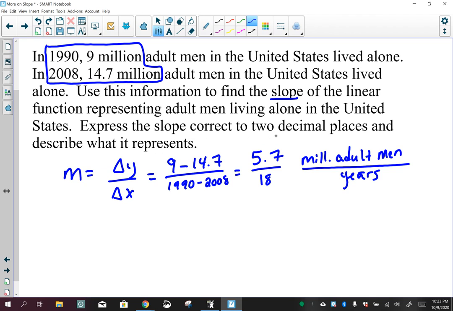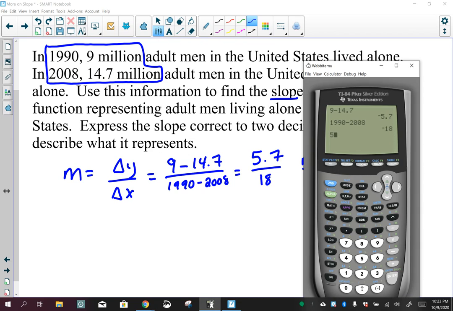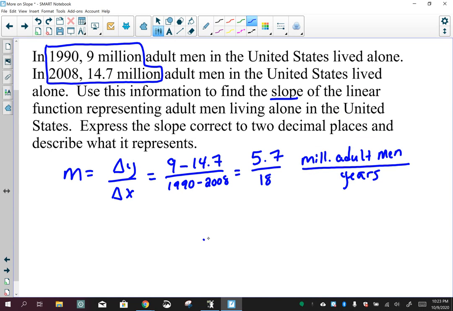So it wants the slope to 2 correct decimal places. So we're going to take our 5.7 and divide that by 18. Basically we get 0.31, and it's said to 2 decimal places, so 0.32. Million adult men per year.